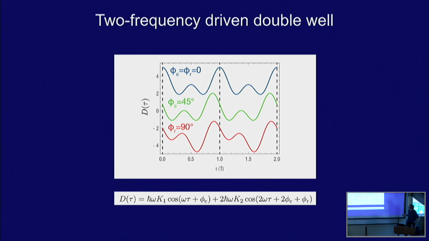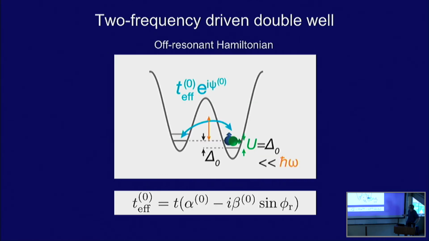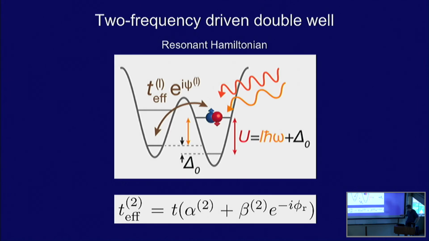Okay. And now, this gives a tunneling matrix element which has this form, where alpha and beta are functions of our driving amplitudes. But one can write it in this way, and there you can already see that if beta is larger than alpha, and you create a negative sign here, then you can have a sign change in your tunneling.